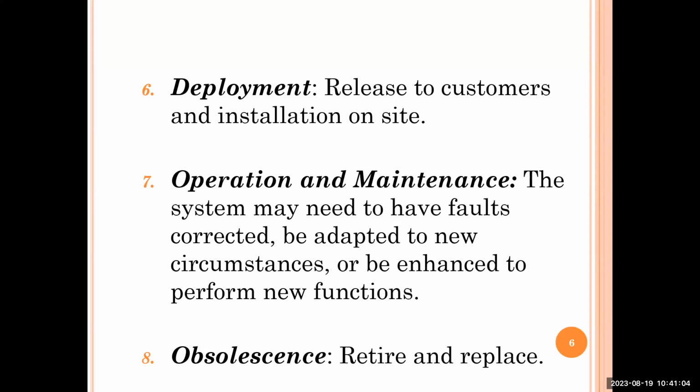Though you agree with the customer and make the system, there will be many things to correct later. For example, it may not be faults or bugs actually, because the environment changes. Like, for example, the government may introduce a new tax rate.